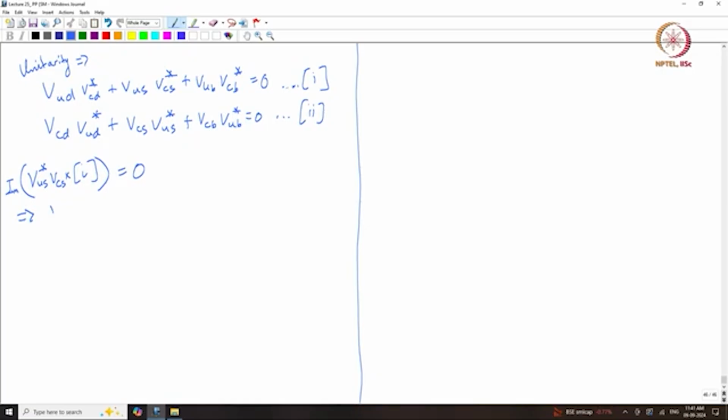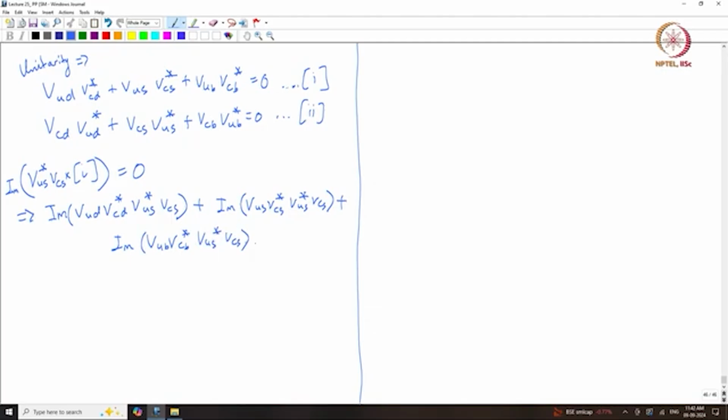So, that gives me the imaginary part of VUD, VCD star, VUS star, VCS plus the imaginary part of VUS, VCS star, VUS star, VCS plus the imaginary part of VUB, VCB star, VUS star VCS, equals 0.